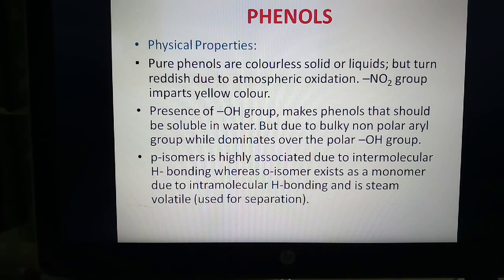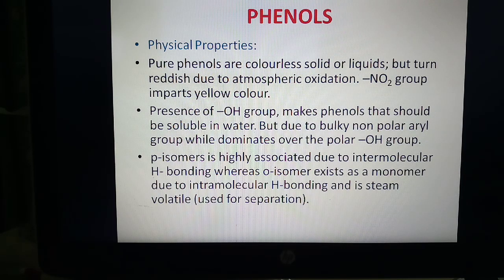The physical properties. You may see the first point stating that pure phenols are colorless liquids or colorless solids, but sometimes they turn reddish due to atmospheric oxidation. And if there is the presence of an NO2 group, the nitro group, in phenols, it will impart a yellow color.